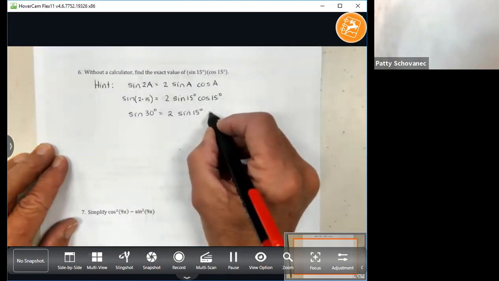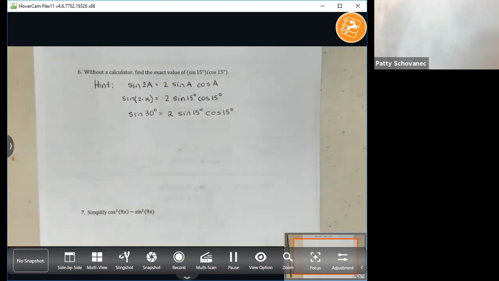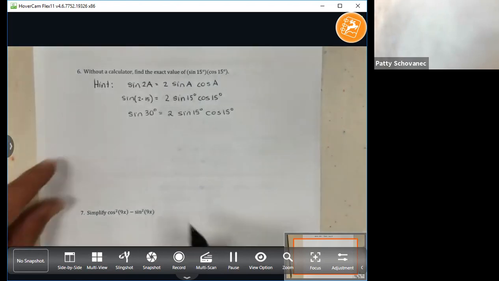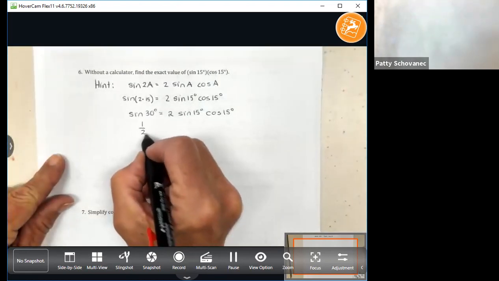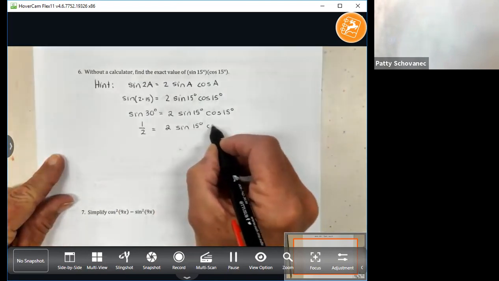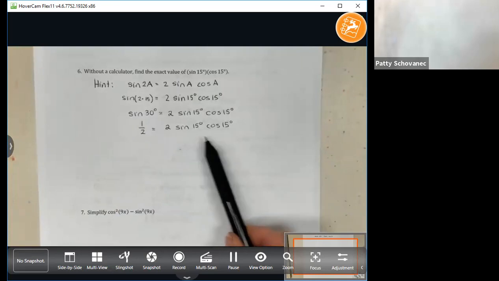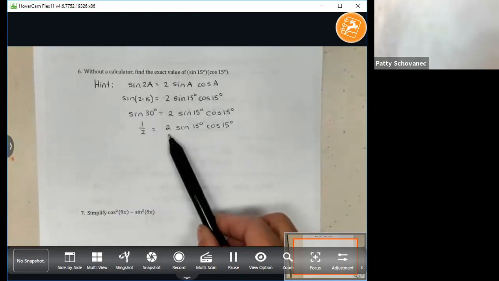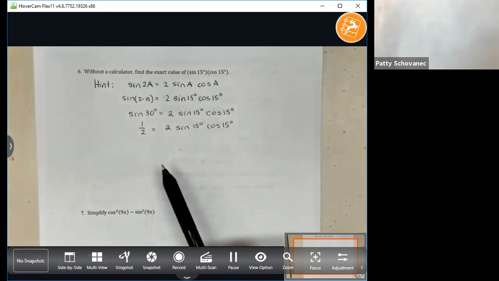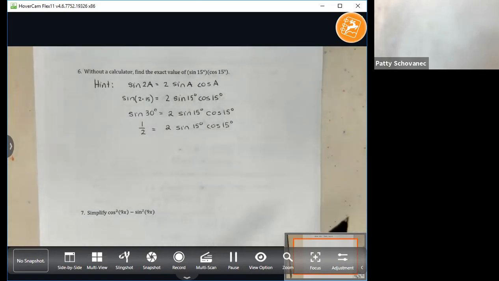Does anybody know the sine of 30 degrees? 30 degrees is the same as pi over 6. Sine of pi over 6 is a half. Now I'm going to take this equation and solve it for the sine of 15 degrees times the cosine of 15 degrees by dividing both sides by 2. But remember, dividing by 2 is the same as multiplying by a half.